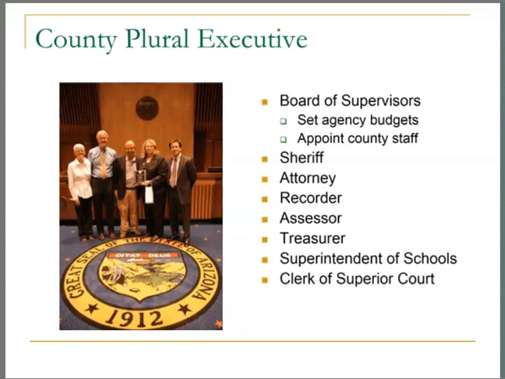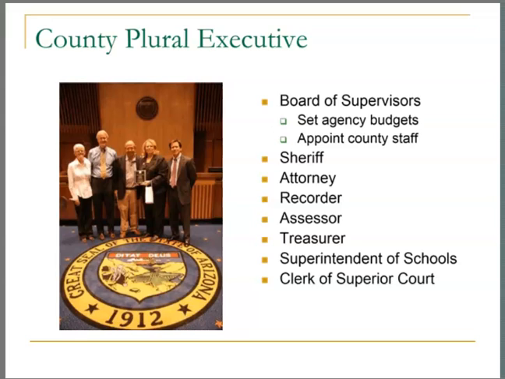The board appoints the county staff, such as clerks, public defenders, park administrators. The board also determines the budget for the county offices, including the offices that are run by officials who are elected separately. Now, this frequently causes tension between the board and those officials.